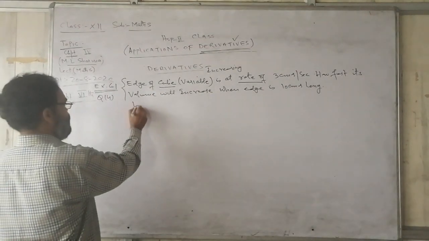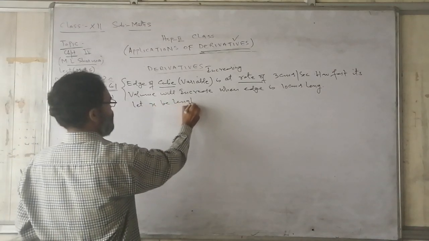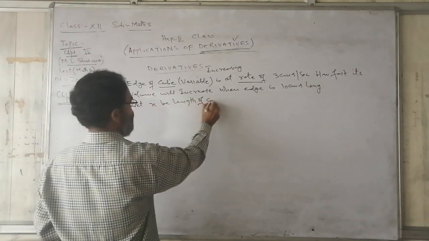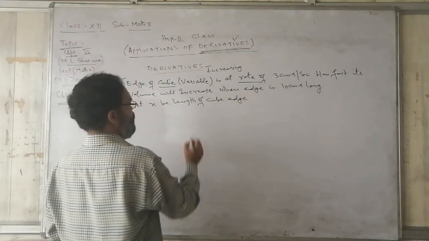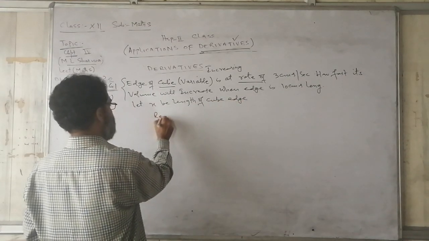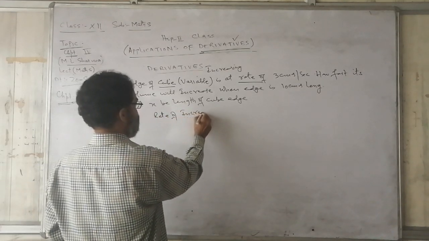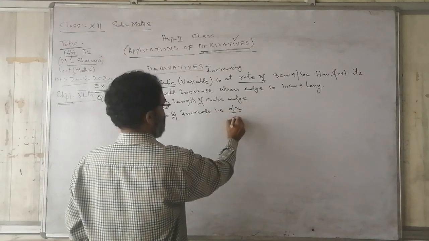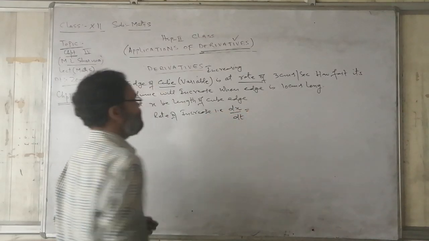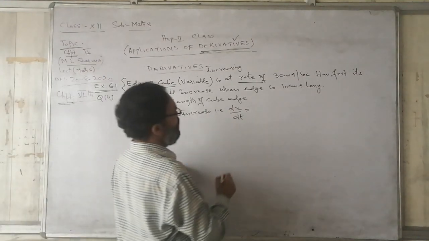So if I say x be the length of the cube edge, then its rate of increase, that is dx upon dt, will be the rate of change of increase in the edge of the cube.